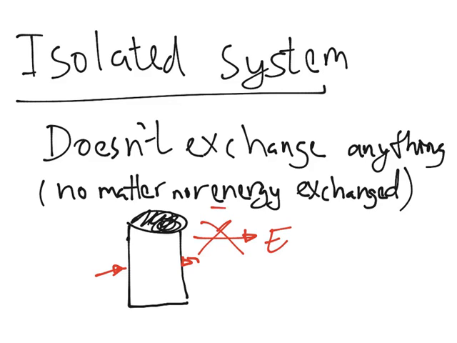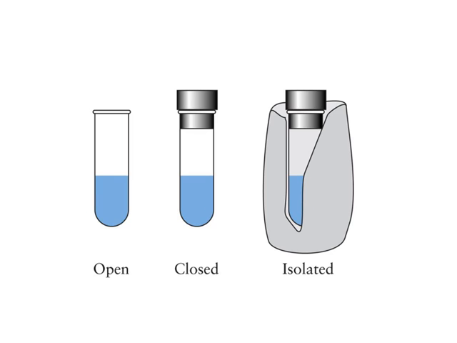So no energy, no matter. And I think a good way to picture all of this is, I found this picture. So there we go. We have our open system here. You can see it's not covered, so there will be matter coming out from here, and energy coming out of here and here. Then our closed one is covered, so no matter will come out, just energy.